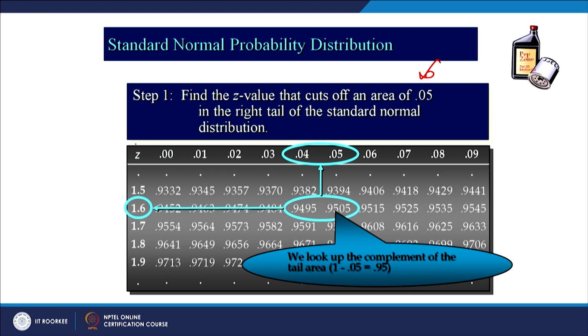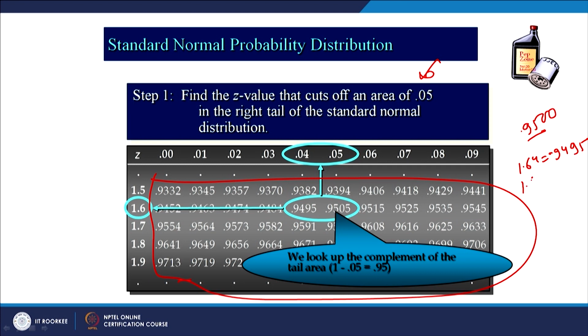If you look at this table, don't look at the value of z for the time being, just see where the area is 0.9500. It is somewhere here, right, 1.64. What is the area at 1.64? It is 0.9495, and the area at 1.65 would be 0.9505.